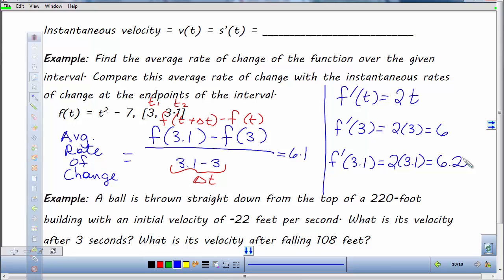So average rate of change, pretty straightforward, I think. Can we always expect both of them to be similar? Not necessarily. It just depends on which points you pick.